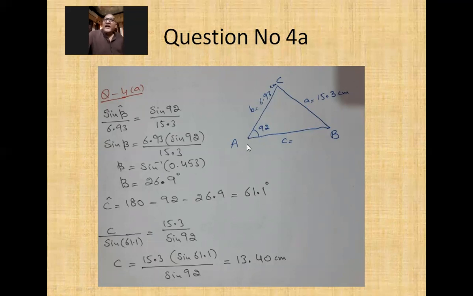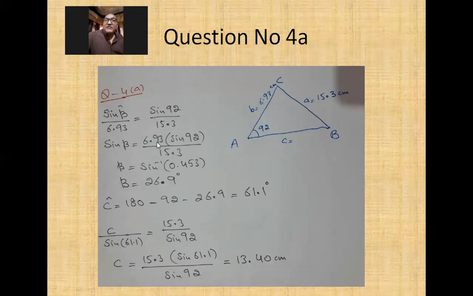And this angle is given. So the question is find the value of the unknown angles and the unknown sides. So I want to find out the angle B first of all. Okay. So sine B divided by 6.93 is equal to sine 92 divided by 15.3.